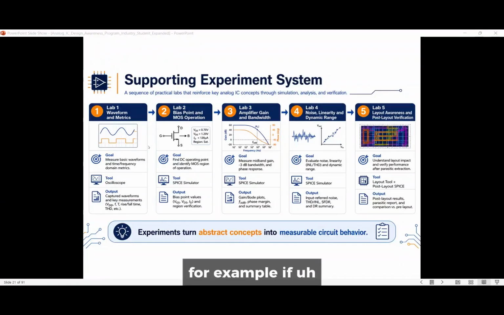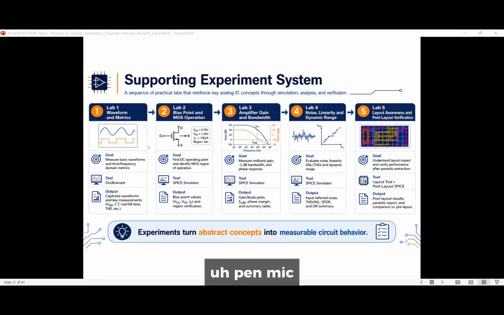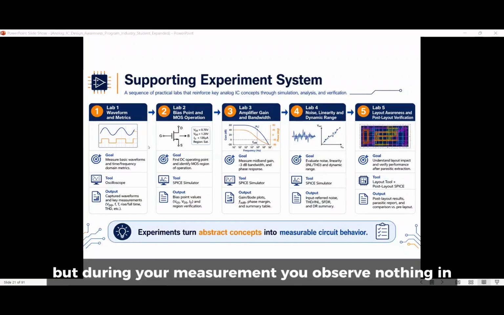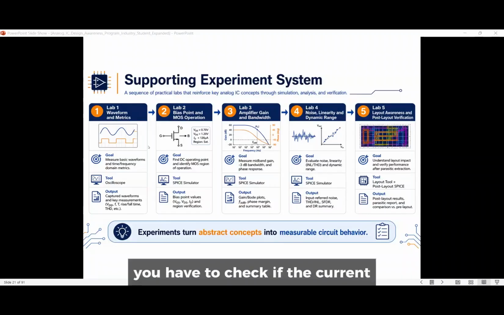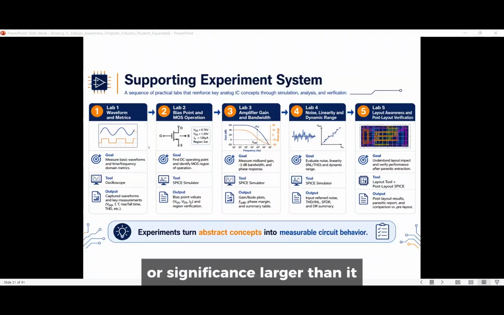For example, if your chip consumes 10 microampere from the DC supply, but during your measurement you observe nothing on the screen, you have to check if the current for your circuit is correct: close to 10 microamp, or smaller than it, or significantly larger than it.